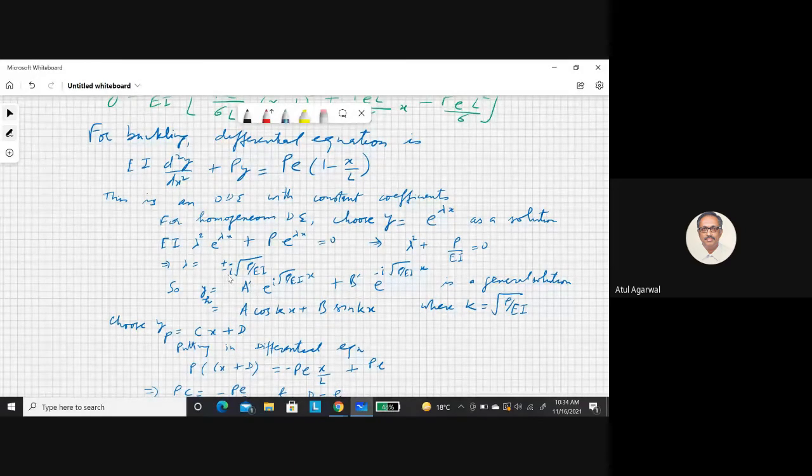You take the first root, e^(i root P by EI x), and another is e^(minus i root P by EI x). So this becomes your general solution. Since you have got i and minus i, it looks like a sinusoidal function. So it will be A cos kx plus B sin kx, where k is root P by EI.